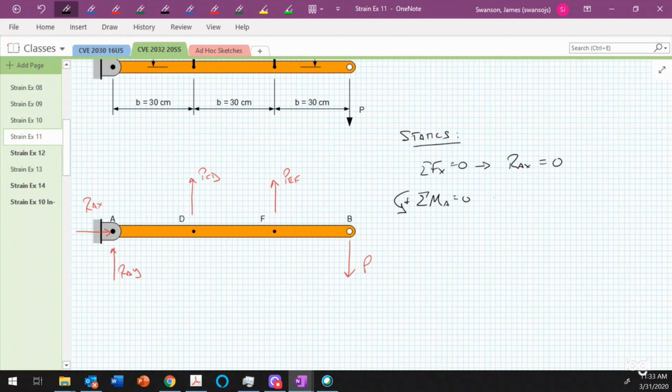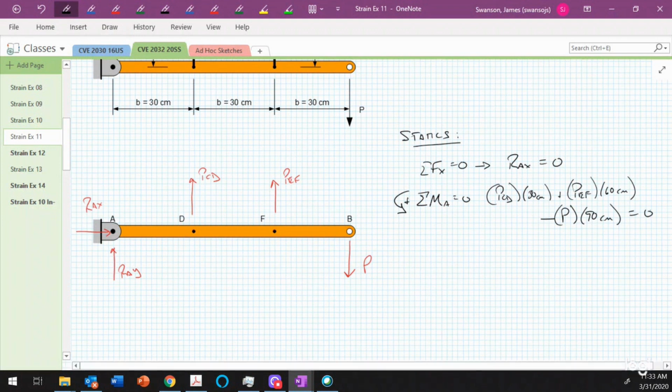And what we end up with is P sub CD times 30 centimeters plus P sub EF times 60 centimeters, and then minus P acting at a distance of 90 centimeters equals 0.